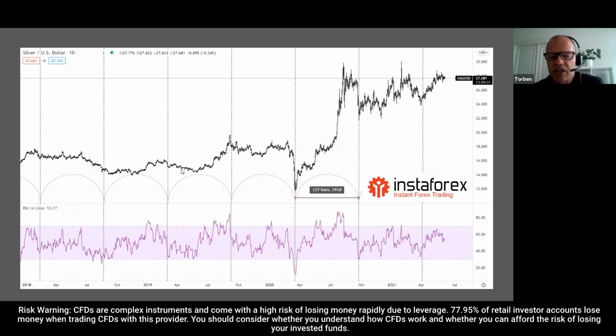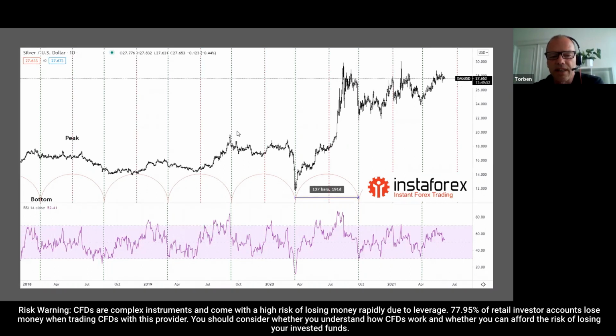Sometimes it can continue, as you see it here, almost into the next cycle, and if it does that, you have an inversion here, and we get into that in a second.